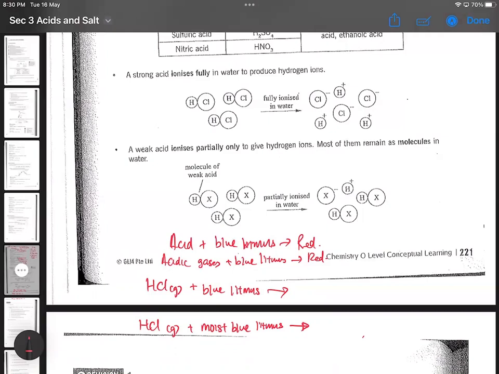Kaylee, which of these two scenarios are you likely to see the blue litmus turning red? The moist litmus paper will turn red, or the so-called not moist version of it? Kaylee, what say you?